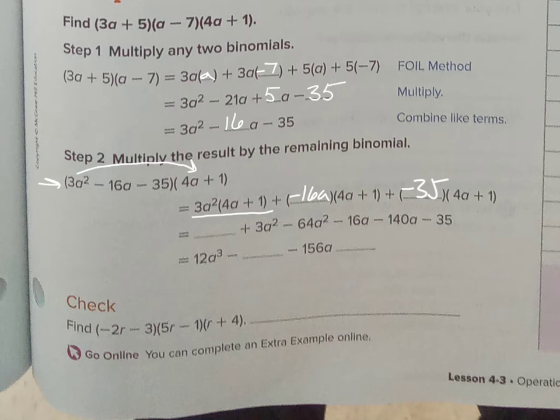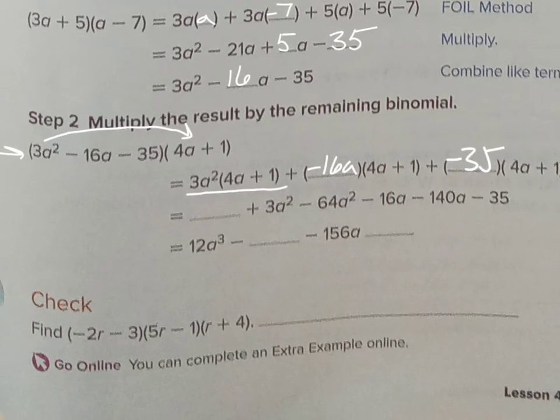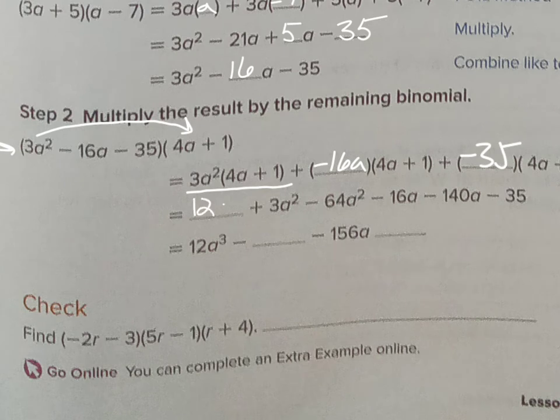Okay, and so now we're distributing it again because we have 4a plus 1 left over. So then 3a squared times 4a, 12a to the third, plus 3a squared. Negative 16a times 4a is negative 64a squared. Negative 16a times 1, negative 16a.